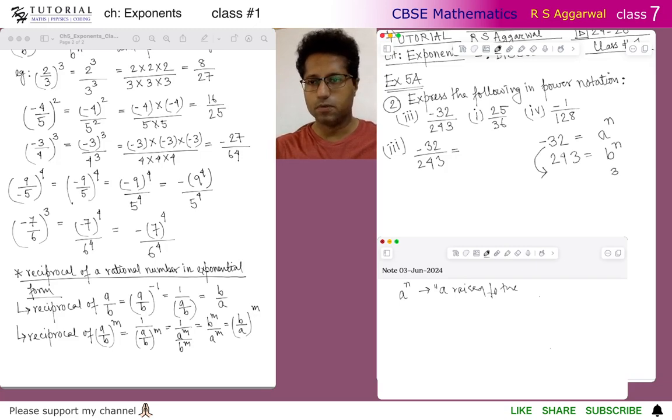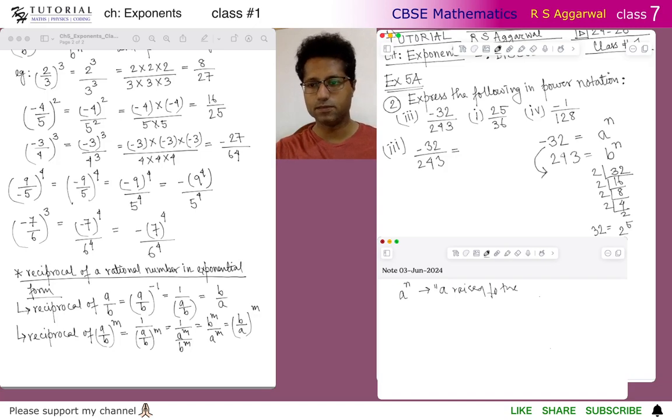But b raised to the power n is positive, since we have 243 in the denominator, so b will also be positive. Now if we factorize 32, we keep dividing by 2: 16, 8, 4, 2. So 32 is 2 to the power 5.